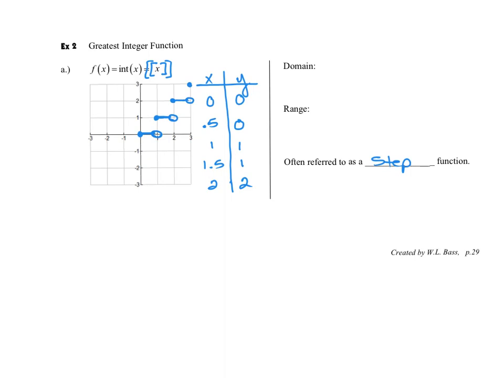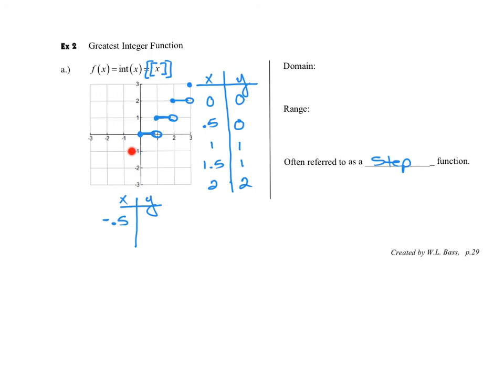Now, when we look at things in the negative direction, those require a little bit more thought, so I'm just going to pick a couple numbers here. For example, if I want to do a negative 0.5, what I'm thinking about here is my x value of negative 0.5 is right here. And it doesn't want to take that up to 0.